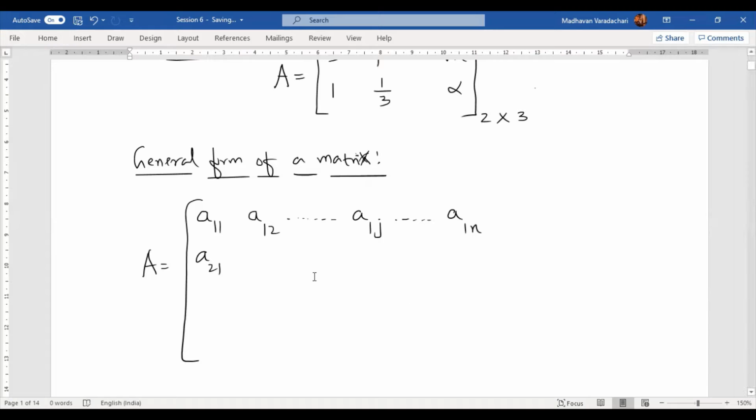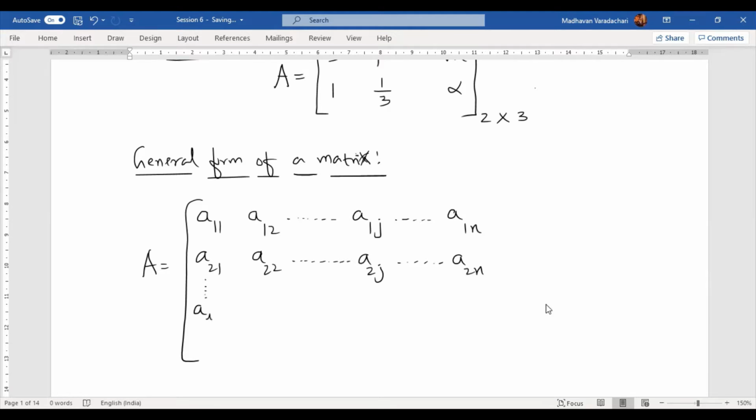Then A21. If you look into the suffix, the first one represents the position of row, the second suffix represents the position of the column. So here it is second row, first column. This is first row, second column, first row, jth column, first row, nth column. So it is like that. A22 and so on, A2j, and so on, A2n. And so on.